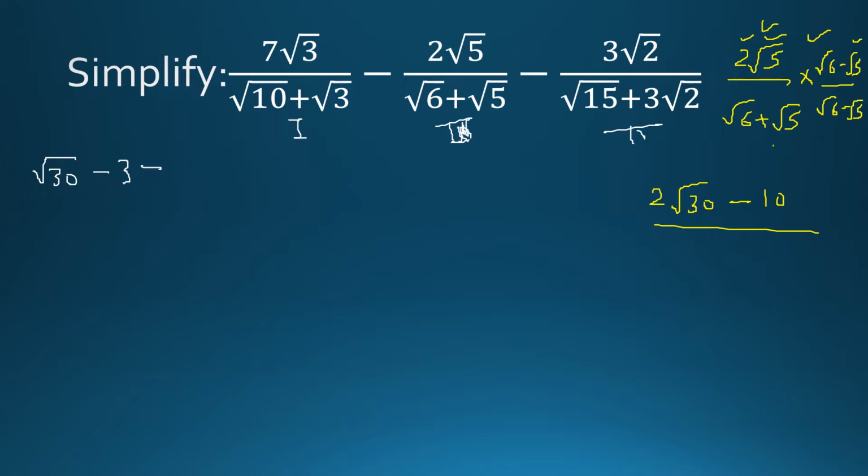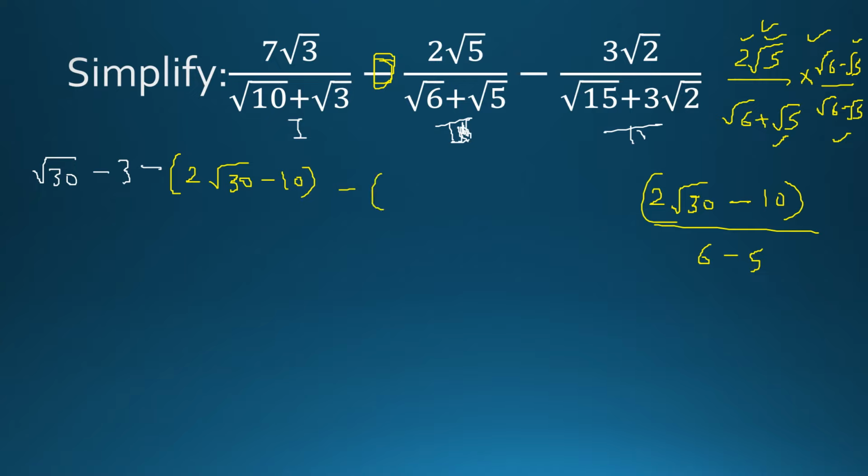Divide by a plus b, a minus b. A square, root 6 square is 6 minus b square, root 5 square is 5. So 6 minus 5 is 1. So this is our answer. But see, minus sign is already here. So keep minus here and put the value of second part in brackets so that you can distribute minus later on.